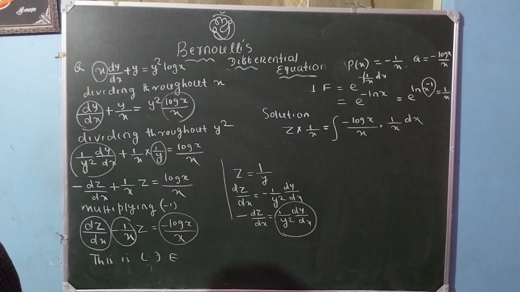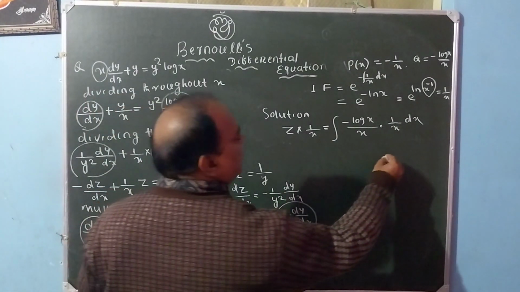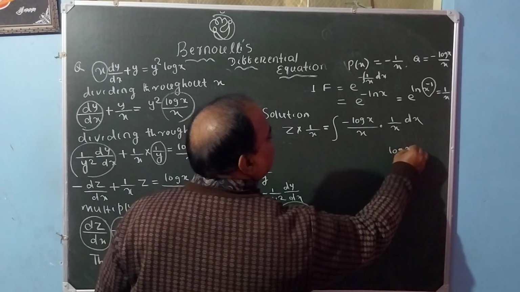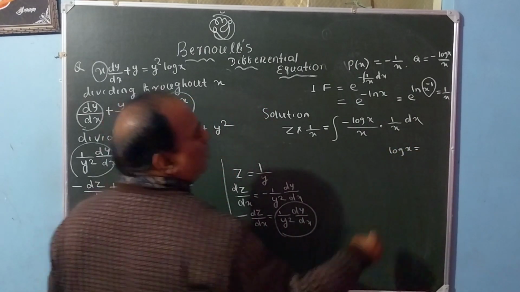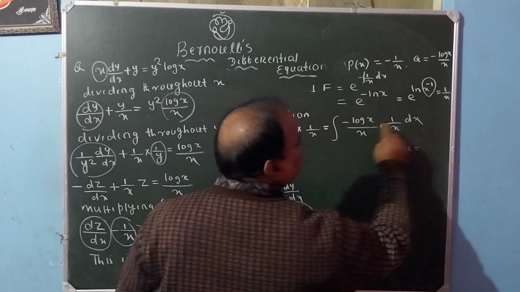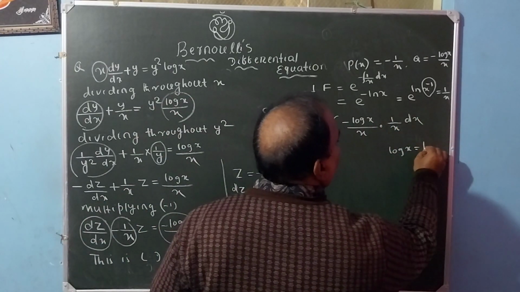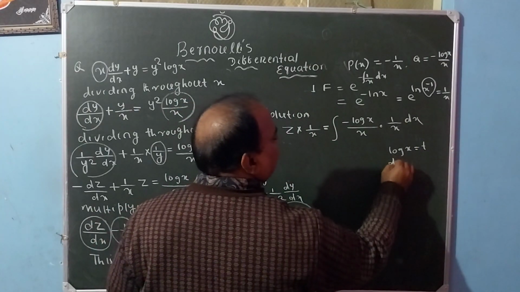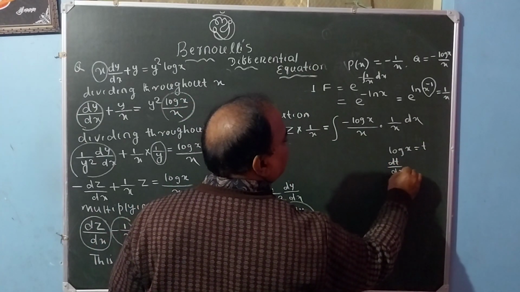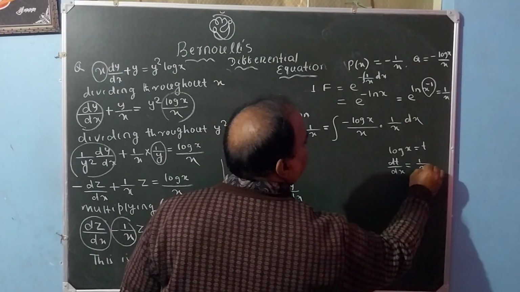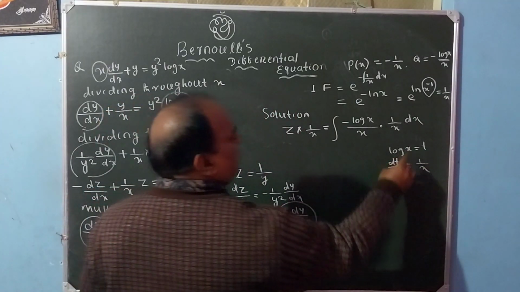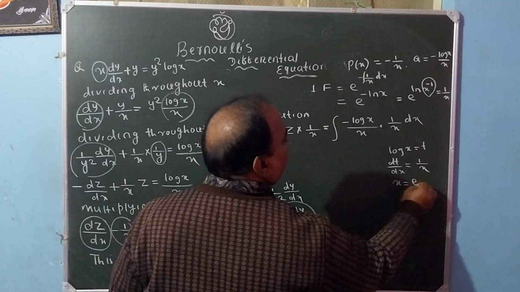So how can you integrate this type of integral? First of all, we take log x is equal to t. That means dt/dx is equal to 1 by x, and x is equal to e to the power t.